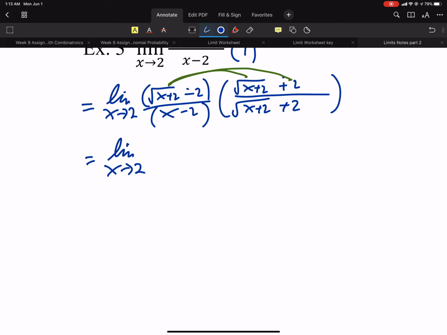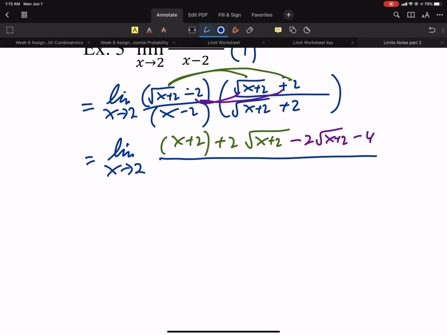Sorry. Really long. So you multiply the first two, you're going to get x plus 2 because the radicals cancel. And then you're going to get 2 radical x plus 2. Then I'm going to distribute the negative 2 to both those: minus 2 radical x plus 2 and minus 4. And again, do not multiply the bottom because our goal has been to get things in factored form so something will cancel. So I'm going to get the x minus 2 and the radical x plus 2 plus 2.